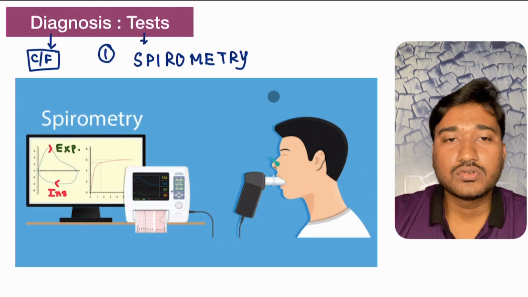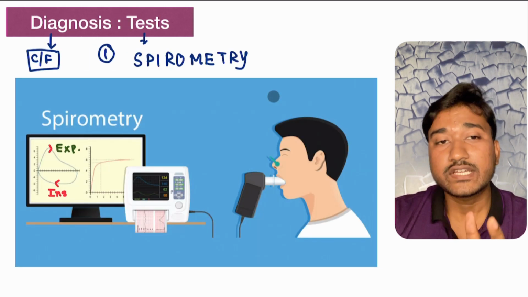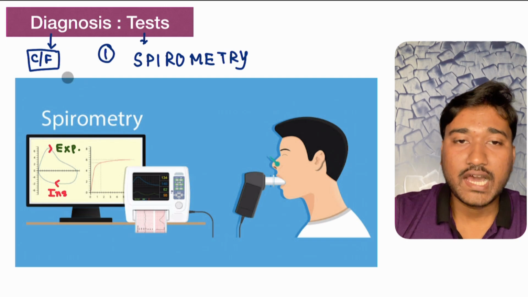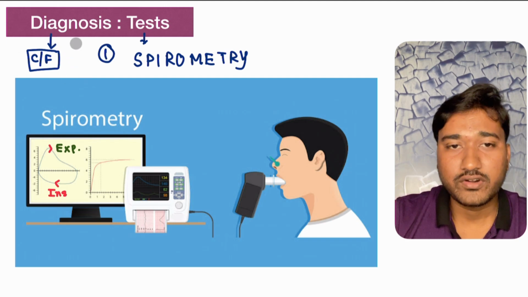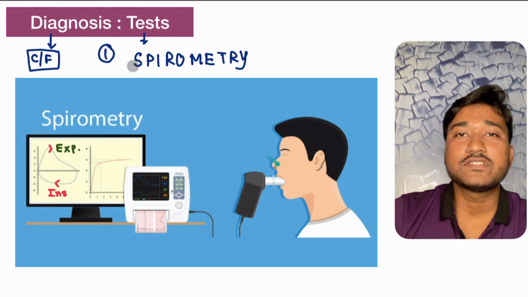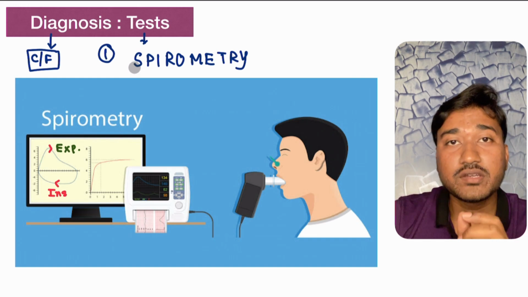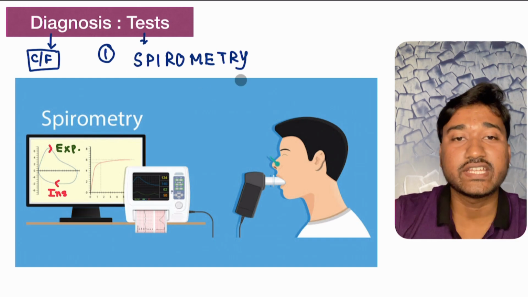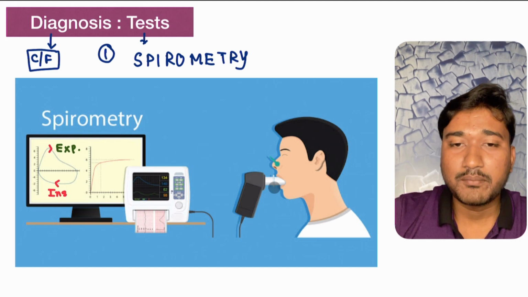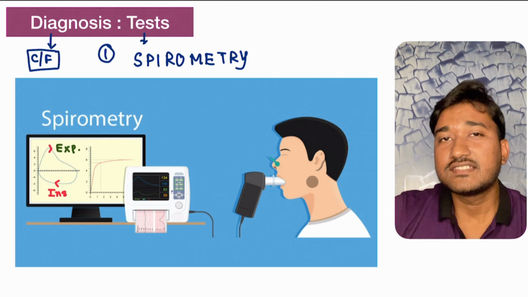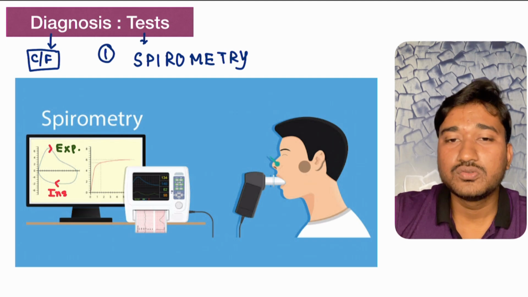So after these clinical features, how will you actually diagnose? I have already discussed the 5 cardinal clinical features that are important for diagnosis. Apart from clinical features, we do have some tests. The most important test is your spirometry. So this is our spirometer and this is the mouthpiece, and usually children more than 6 years can do this test.